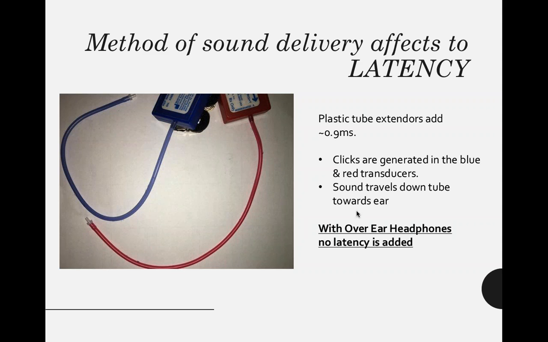And that's just a function of distance. The sound has to travel that extra distance, and that takes time. And so that time shows up on the grid, and that's normal. It's a factor that you need to be aware of and have in the back of your mind. So these add about 0.9 or 1 millisecond latency extension.